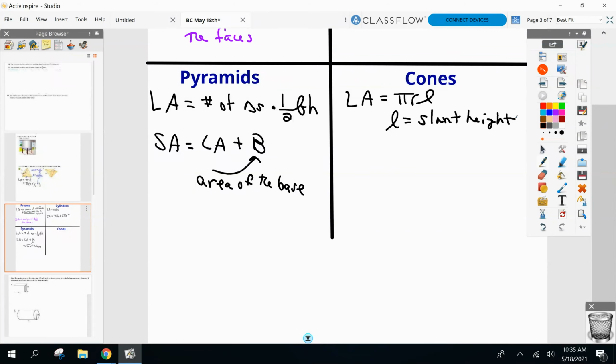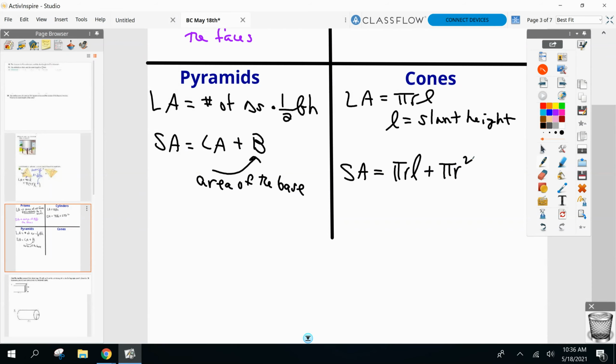And if you understand what surface area is, what am I adding on to the lateral area? A circle base, right? One circular base. Pi rl plus pi r squared.